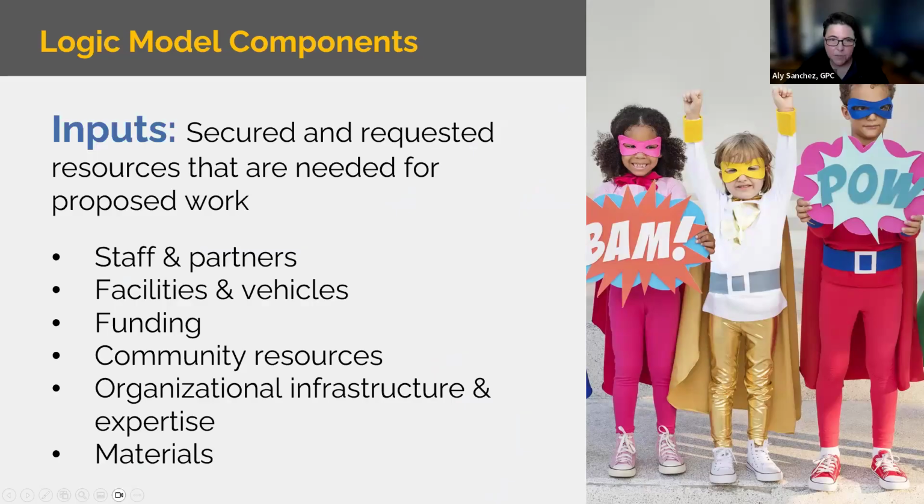So let's look first at inputs. These are going to be on the leftmost column, typically in a logic model layout. And these are really about what are the ingredients. Think of them as ingredients for the work. They are all things that are needed to do the activities and reach the results that are shown in the logic model. Some are probably already in place. That could be things like your facilities or some or all of the staff that you have.